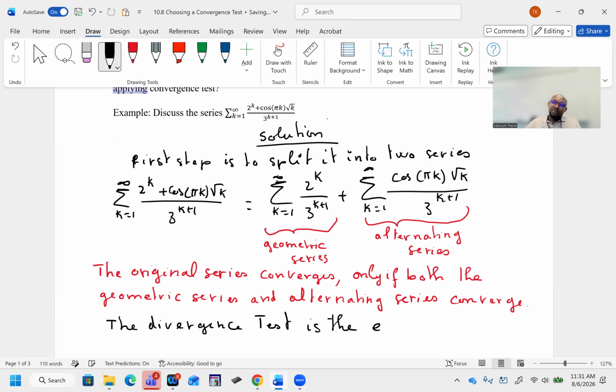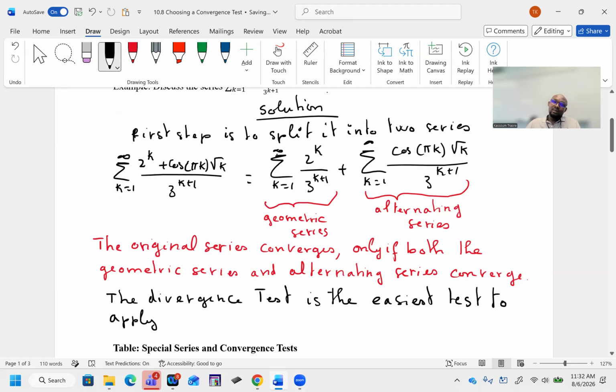It is the easiest test to apply, right? Because it requires taking only a limit.